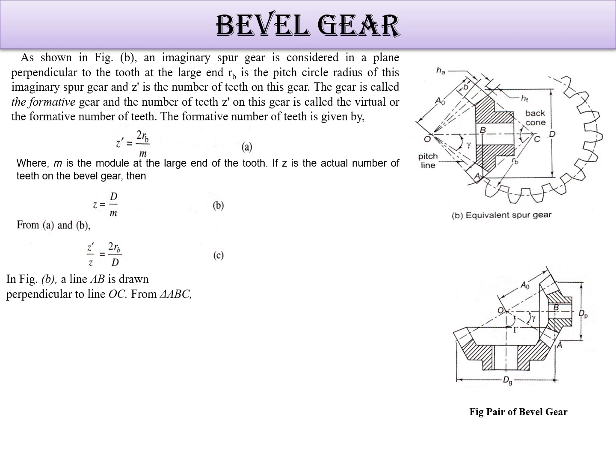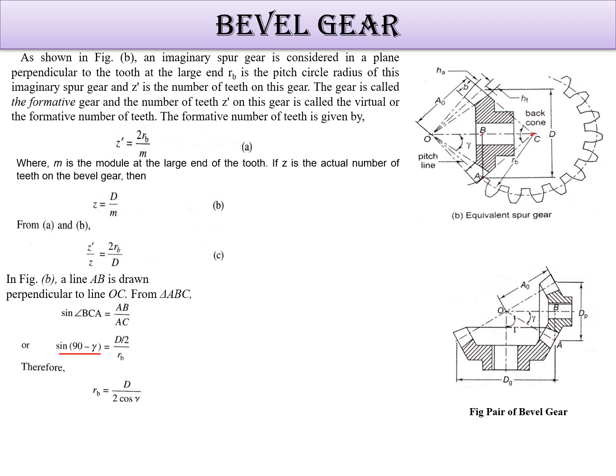From triangle ABC, here in this figure it is A, B and C. So from ABC, we get AB upon AC, that is sine of 90 minus gamma is equal to d by 2 upon RB, because AC is RB and this AB is d by 2.